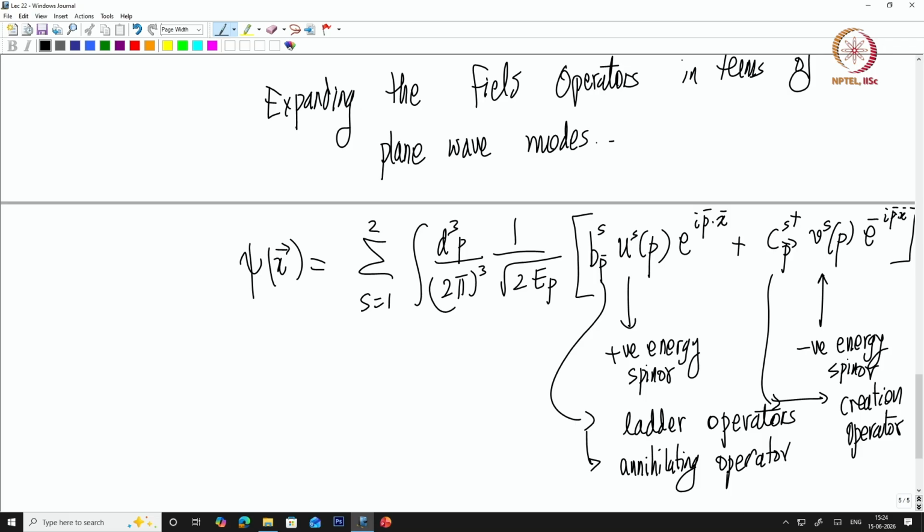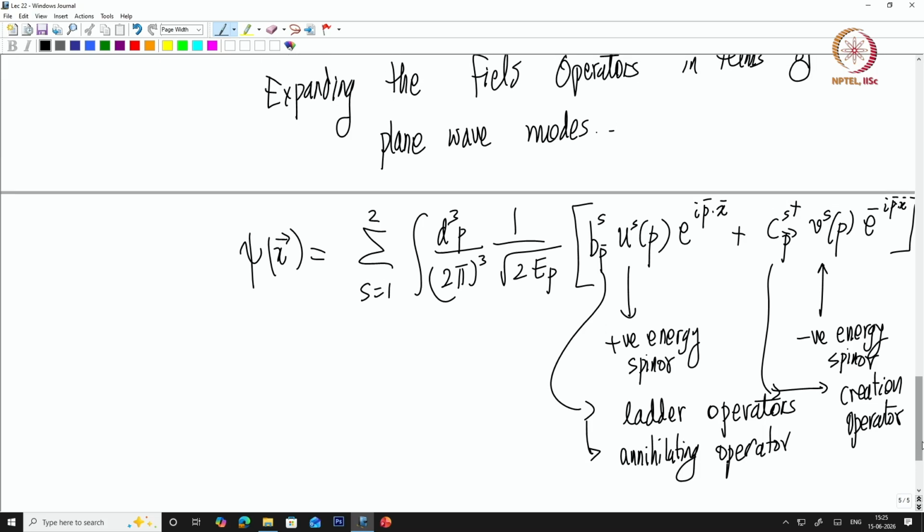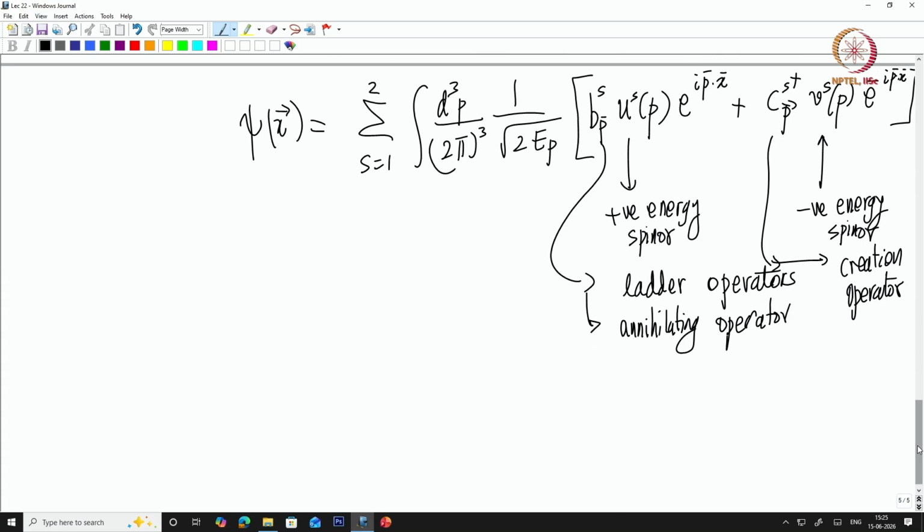So we have chosen b and c, because the Dirac field has 4 degrees of freedom. For each 2 degrees of freedom, you need two sets of creation and annihilation operators, and the spinor contains the spin, and the creation and annihilation of the momentum state is done by these. So the b and c ladder operators take care of the 2 degrees which are for the positive frequency and the negative frequency.